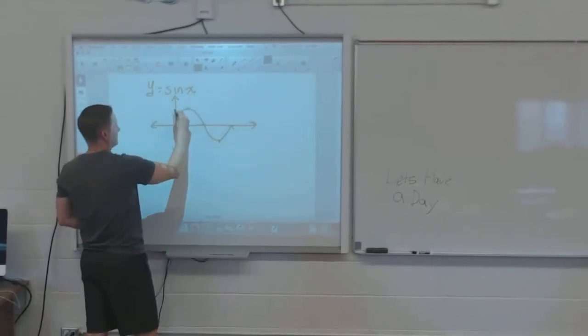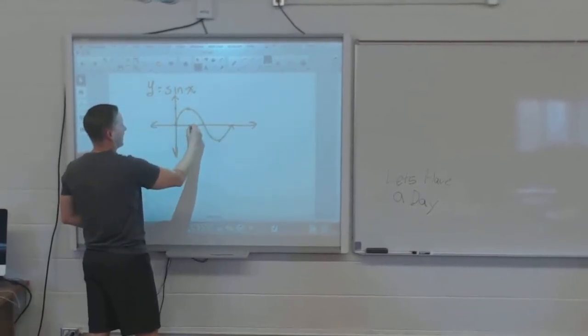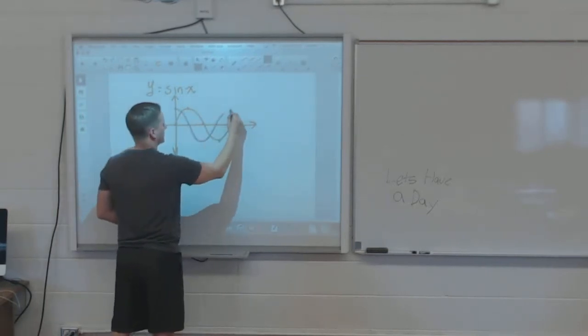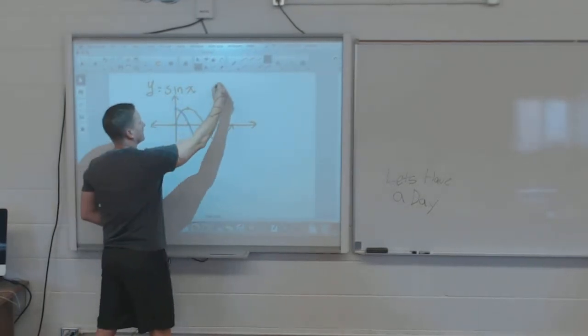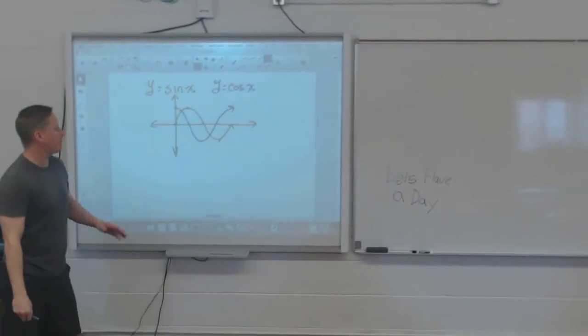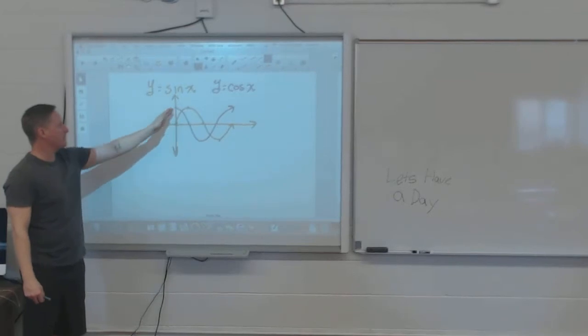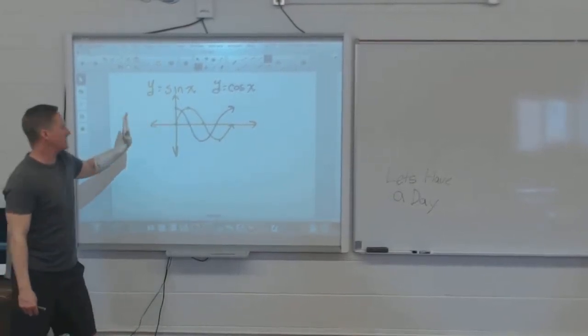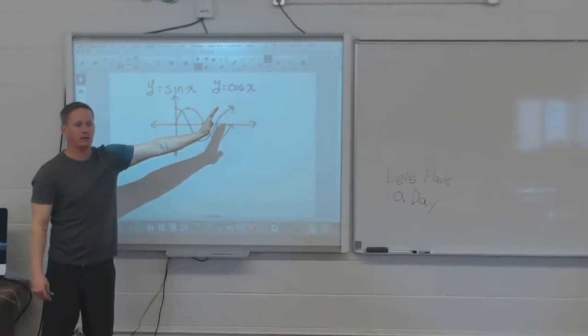Where does cos start at? At its maximum value, right? So there's my cos graph, like this, correct? So that's y equals cos x. So when I'm looking at my graph, I'm trying to find where those two coordinates begin, because that's how much my graph is shifted. You get that?